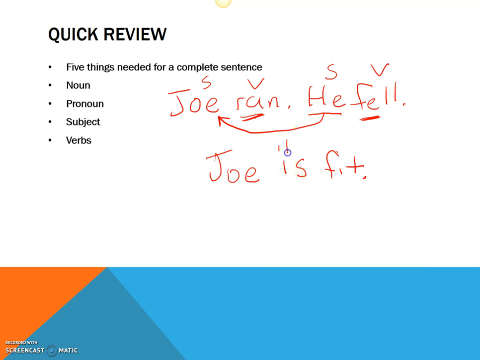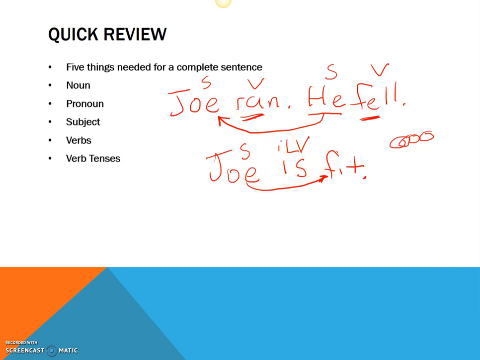We have ourselves a linking verb. And remember I talked about the chain link. It links the subject to something else in the sentence. We have our subject, Joe. And what do we know about Joe? Well, we know Joe is fit. Okay, so this is our linking verb, is. It links Joe to fit.